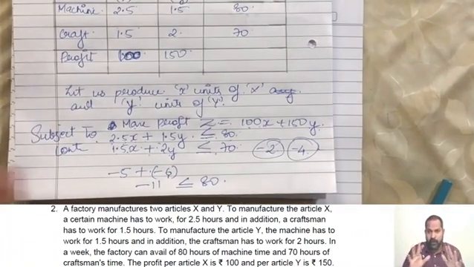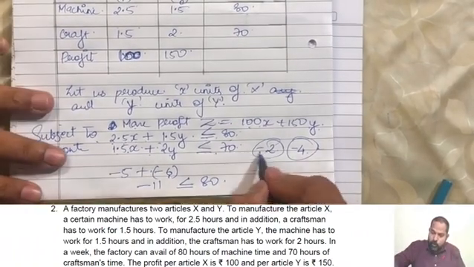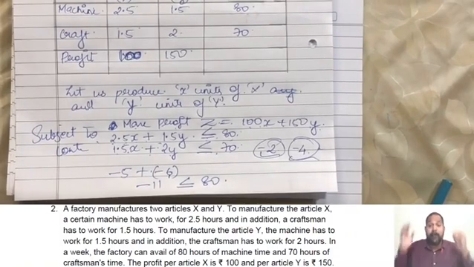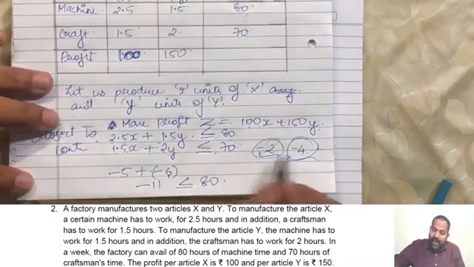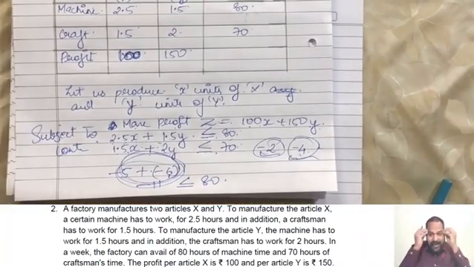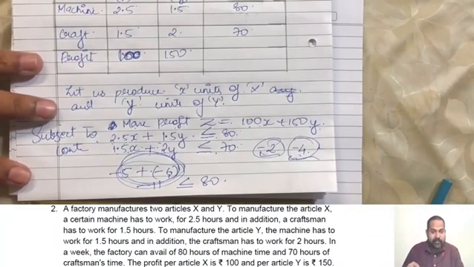Hey, one minute. You are producing something. Can you produce in negatives? No. So mathematically, x and y can be negative. There is no problem. But practically, can x and y be negative?